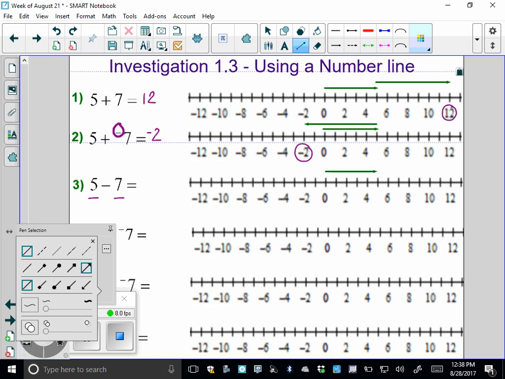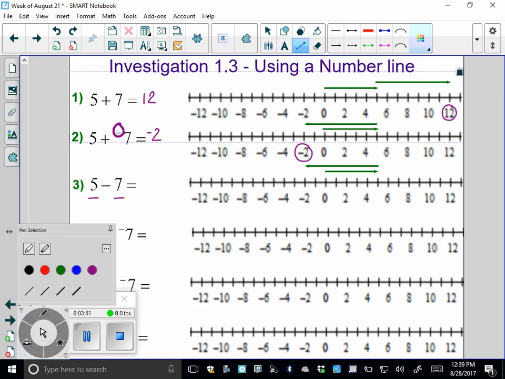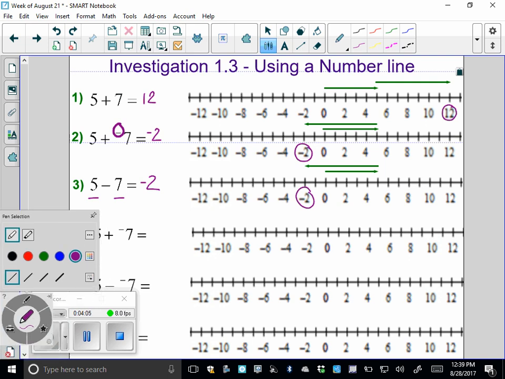Start at 0 and go to 5, but I'm subtracting 7. And so when I subtract, if I subtract a positive, I head backwards to the left. And that tells me my answer is again -2. Even though this problem looks different than problem 2, they in essence have the same result.